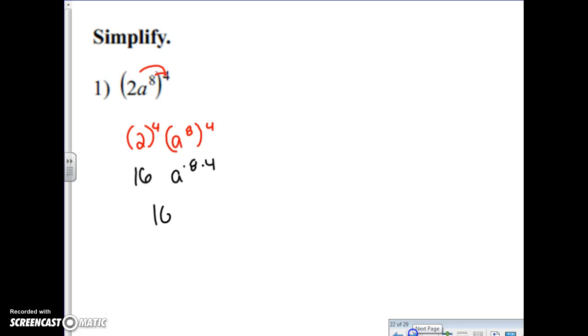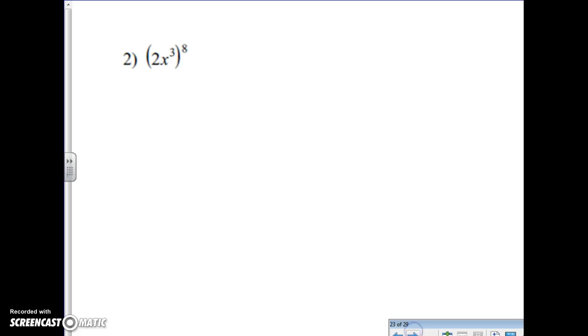So I end up with 16a to the 32nd power. So I'm just taking each of these to that power of 4. 2 to the 4th gets me 16. A to the 8th to the 4th means that I'm taking the 8 and the 4, multiplying together to give me a to the 32nd.